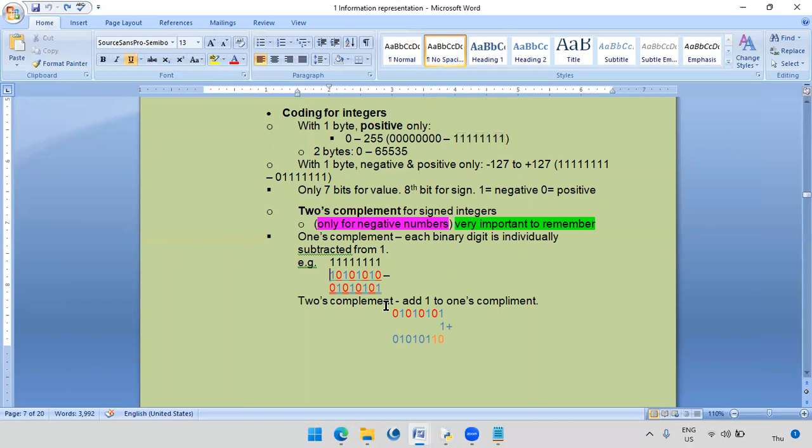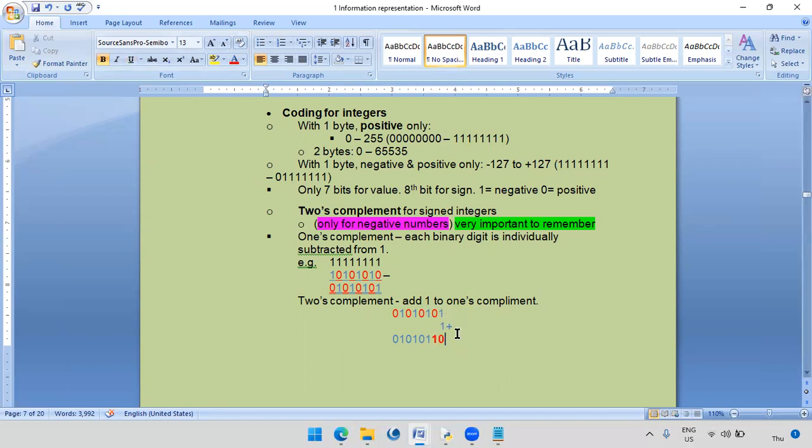Then 2's complement is you add 1 to the 1's complement. So this is the answer here. This one is taken there and 1 is added. 1 plus 1 is 1, 0. You put 0 here and 1 is carried. Afterwards, the others, nothing, no change.